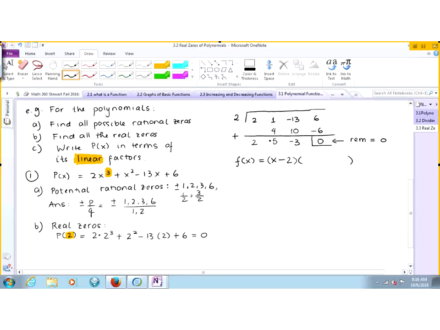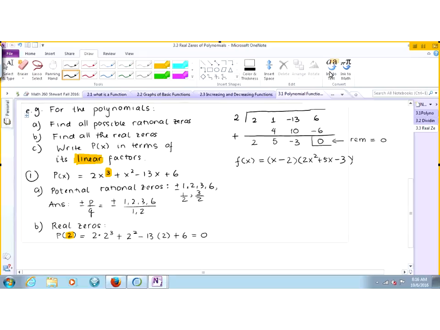And then, what about this? 2x squared plus 5x minus 3. All right. Yay or nay? Yay? Okay.